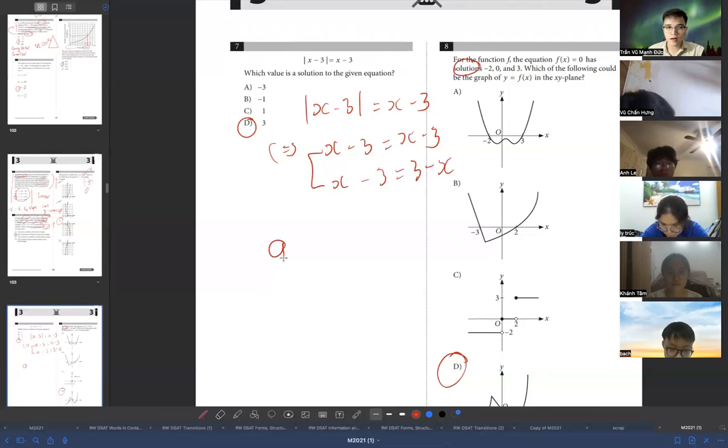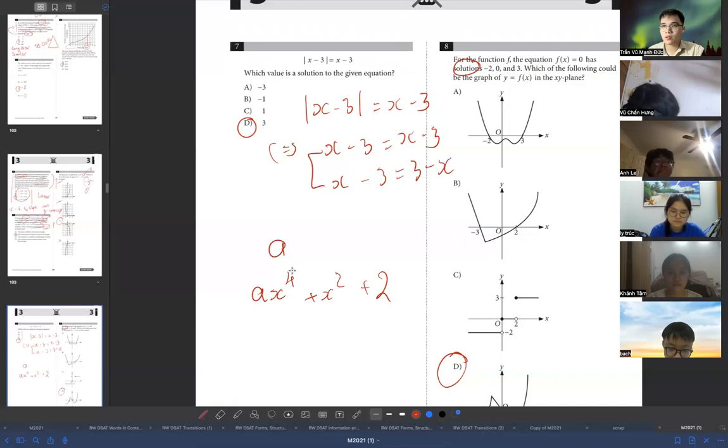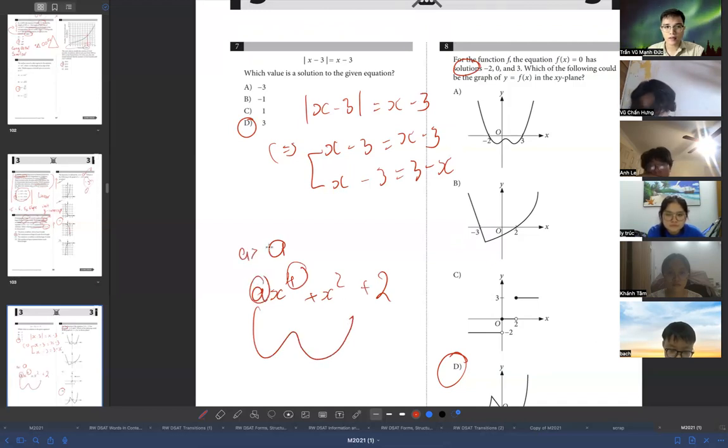For example, if I have a very complicated equation of ax to the 4th degree, x squared plus 2, for example, I don't really know the shape of it, but this is a polynomial with a degree of 4. So it will have a shape somewhat like this, okay? And A has a positive sign. A is larger than 0.